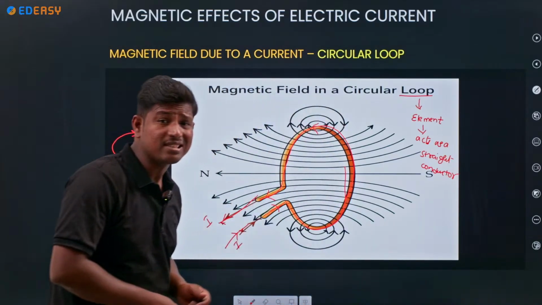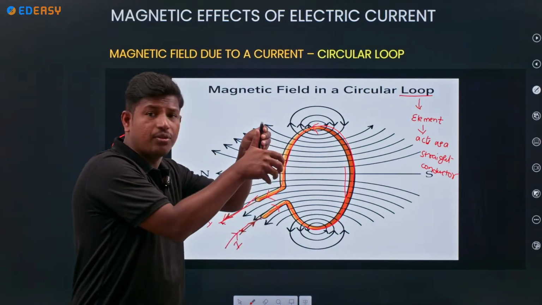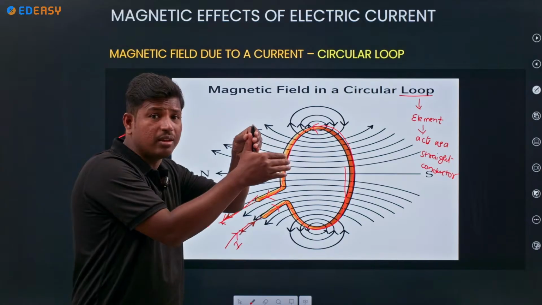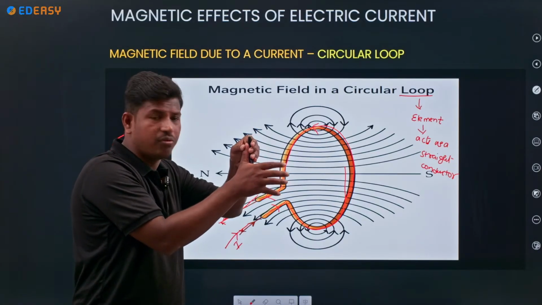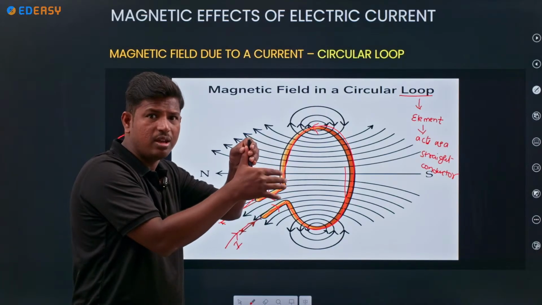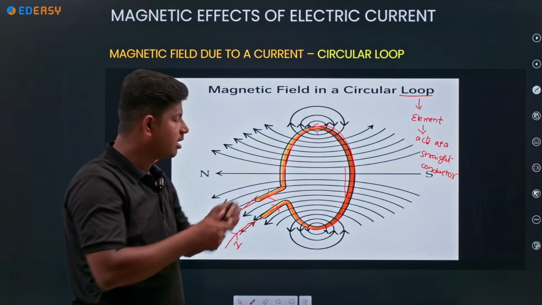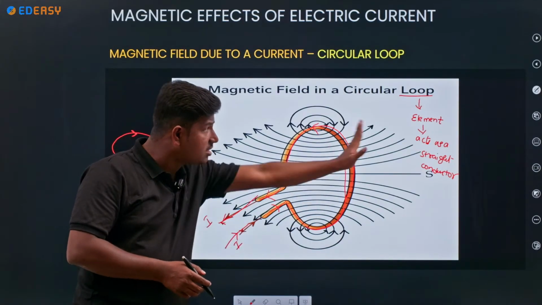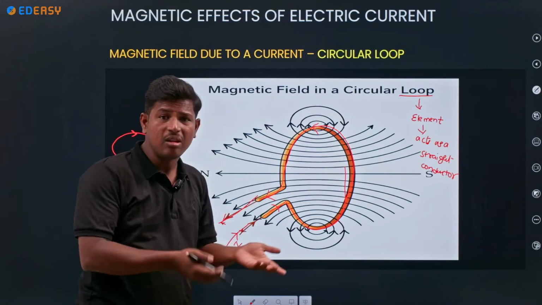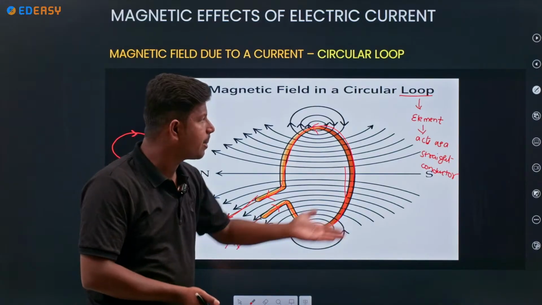So if you take a straight conductor, how will the field be? Circles, right? Every element is a conductor only.